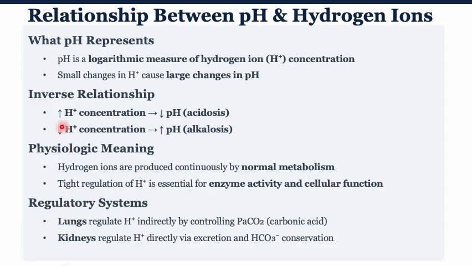They are inversely related. So increased hydrogen ion concentration will cause a decreased pH and therefore cause acidosis. A decreased hydrogen concentration will allow for an increase in pH and that will cause alkalosis.